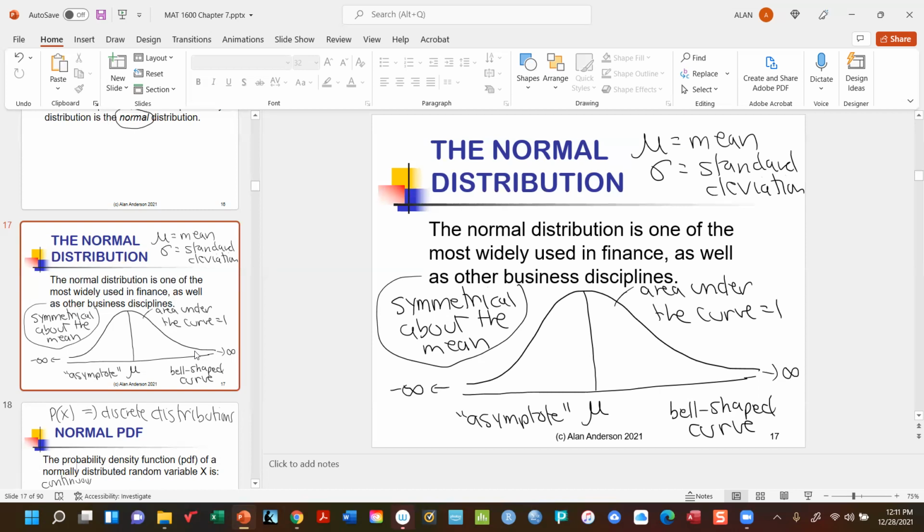So the curve covers the entire real number line, but the area shrinks to almost nothing very, very quickly. So in other words, it might sound like, well, how can that be? Because the area shrinks very, very quickly as we go up to positive infinity and down to negative infinity. So we're going to use this curve to calculate probabilities by looking at areas under the curve.